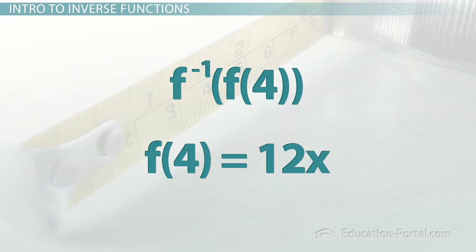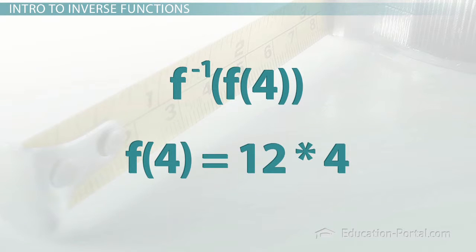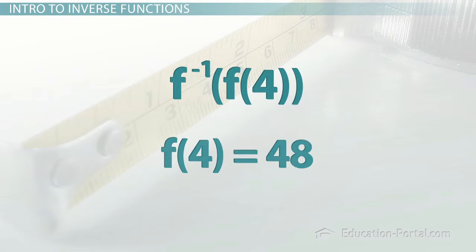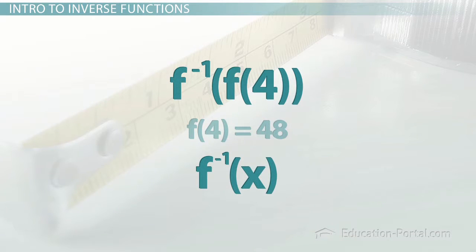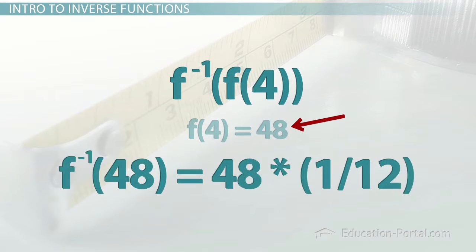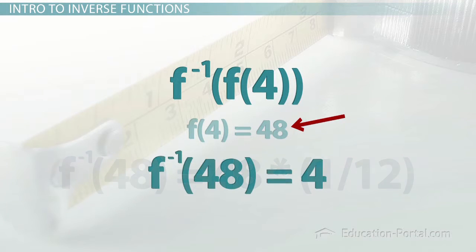If we plug 4 into our function, f of x, where x is 4, is 48 inches. Now the inverse function will have to be x times 1 over 12. So if we have 48 inches, that gives us back 4 feet. You might be able to find f of x and f inverse of x just based on your knowledge of inches and feet.